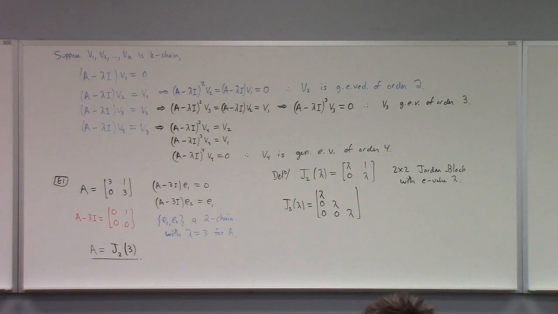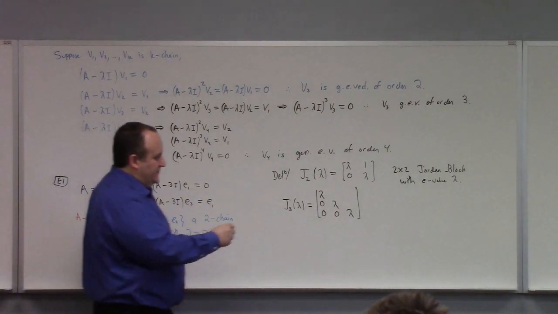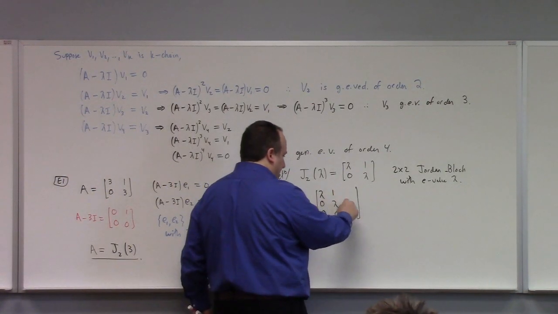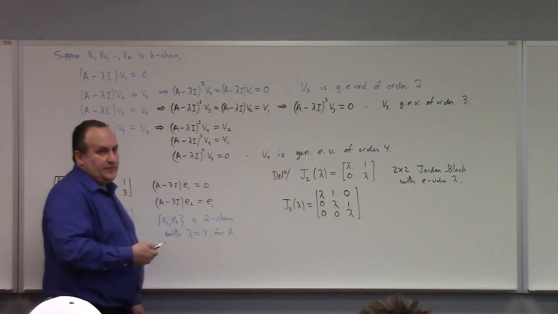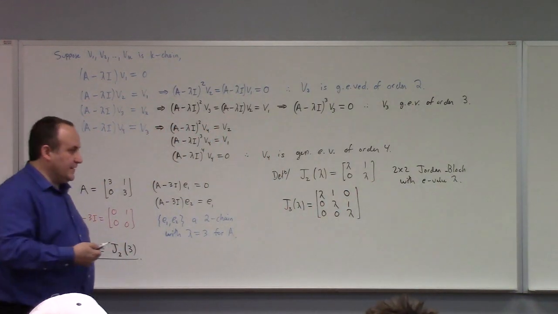Well, the Jordan block is upper triangular, I should say. Is the Jordan form upper triangular? Oh, yeah, it is. Okay, so then what we do is we just put ones here and here. All right, that's by definition the 3 by 3 Jordan block.